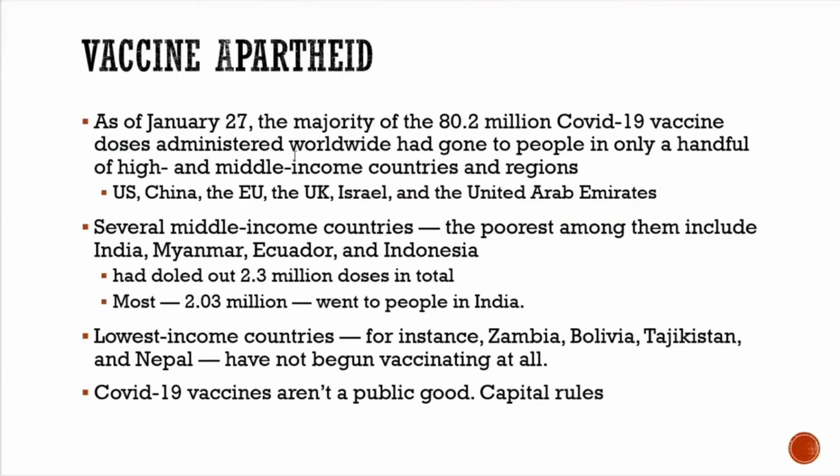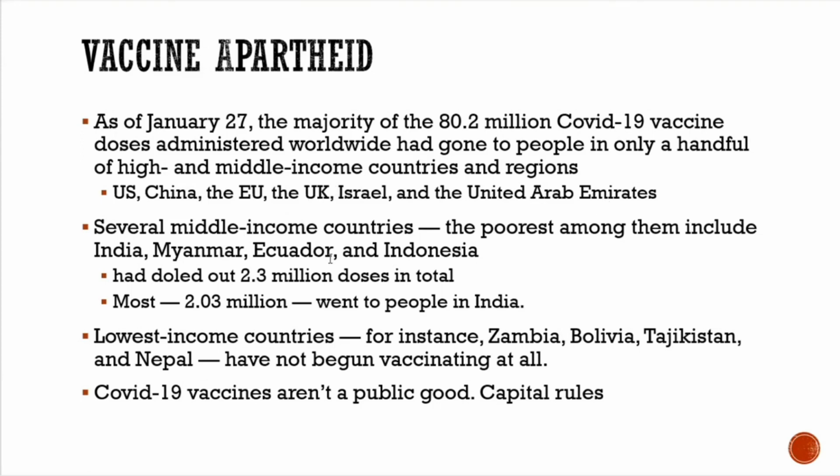Just to show you a little bit of numbers, this is one example to go with the diagrams. 80.2 million doses had been administered back then, going only to a handful of high and middle income countries, namely the US, China, the EU, UK, Israel, and UAE.